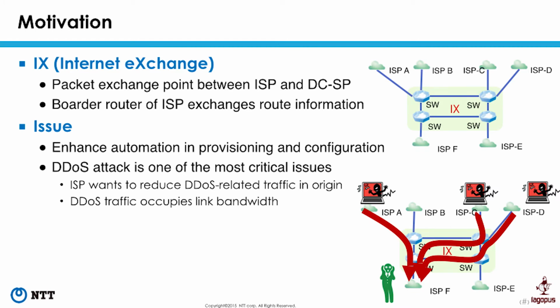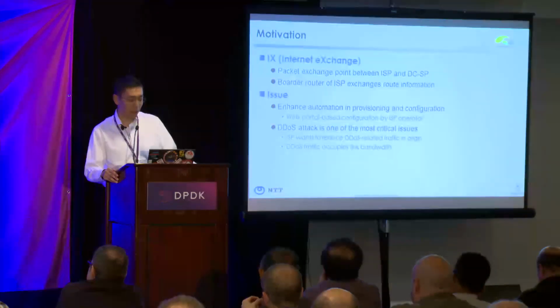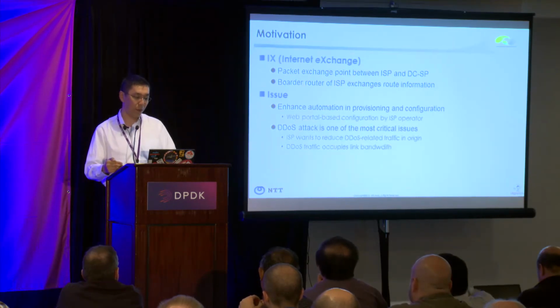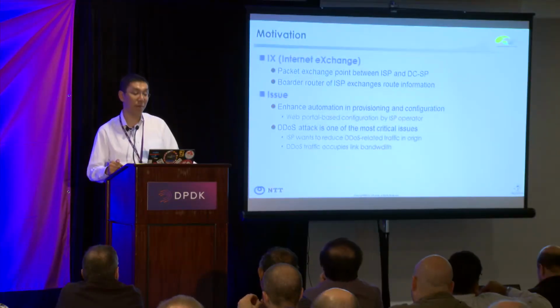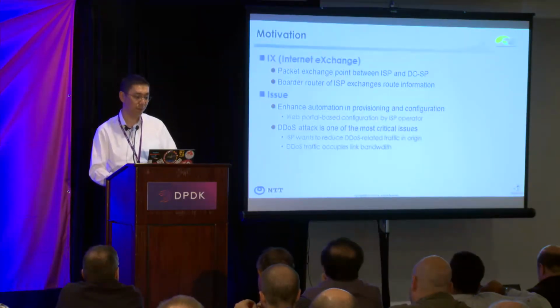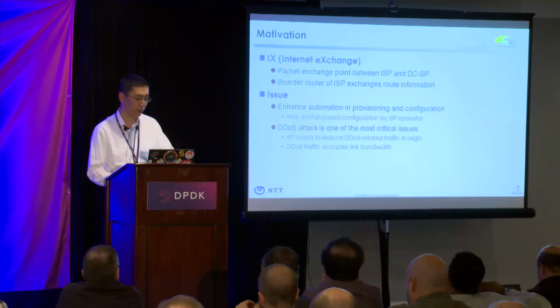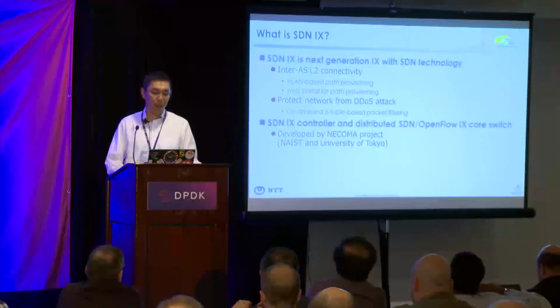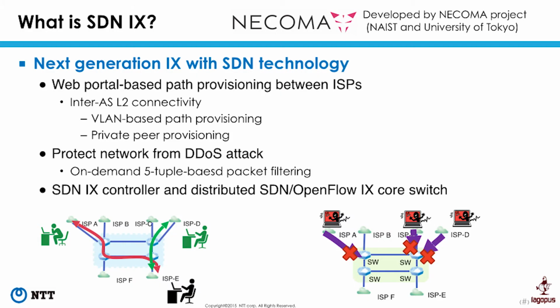ISPs want to reduce the DDoS-related traffic on the origin side. Sometimes DDoS attack traffic occupies link bandwidth up to 100 gig, so it's a huge amount of traffic. For such issues, we extend the IX capability for the next generation.